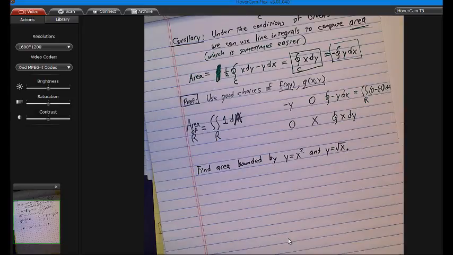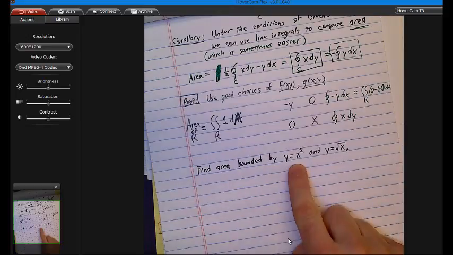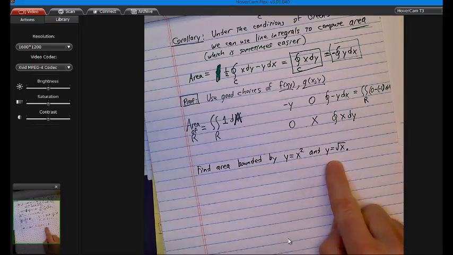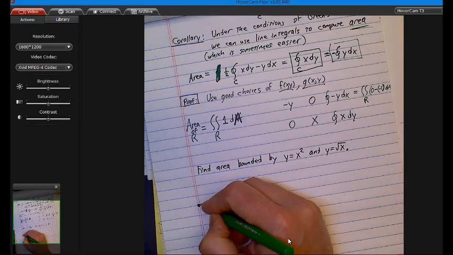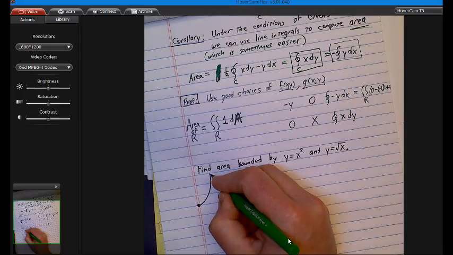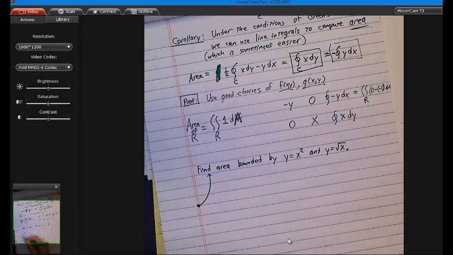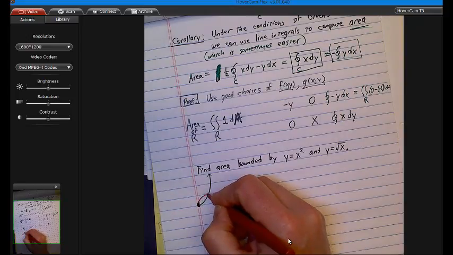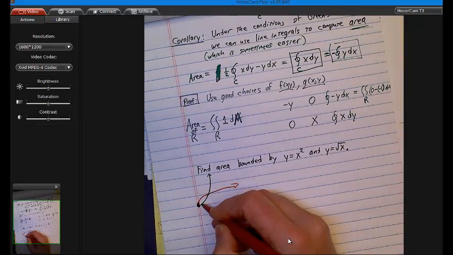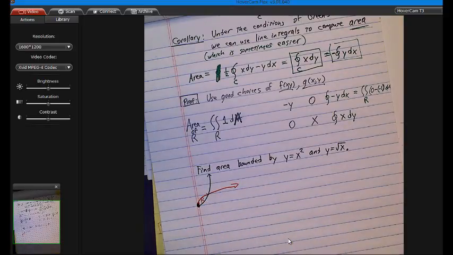Well, what's it look like? Y equals x squared, of course, is a parabola. Y equals square root of x. Where do these things intersect? They intersect at 0, 0 and 1, 1. And so the region R I'm looking at is right here.